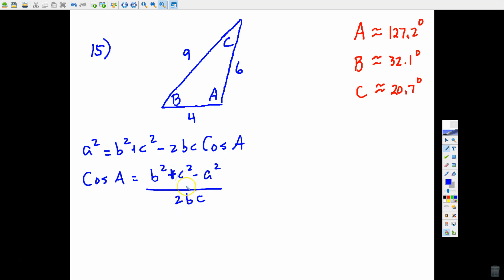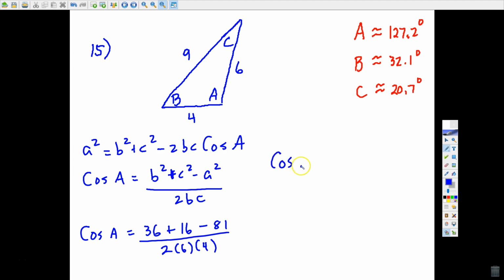Okay, so let's plug in b squared. Angle B is here, so 6 squared is 36. C squared would be 16. A squared would be 81. 2 times 6 times 4. So we'll turn over to our calculator and let's put all this in and see what the result is. I got a negative 0.60416.